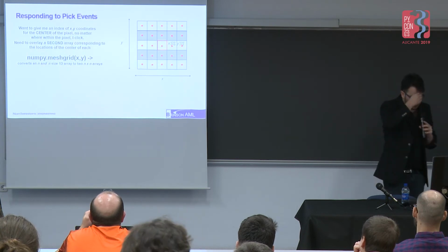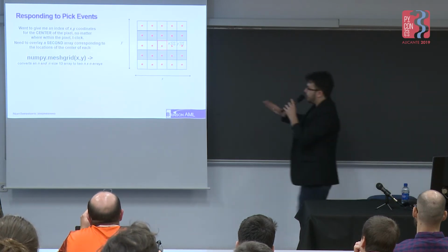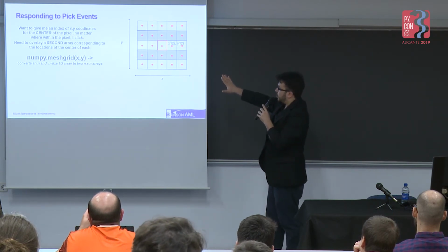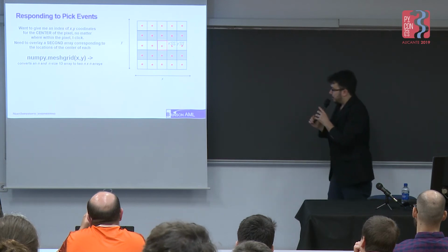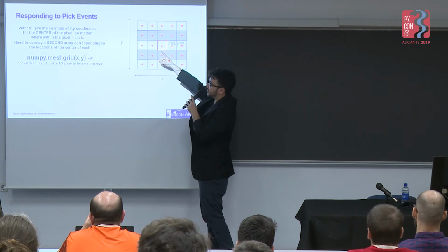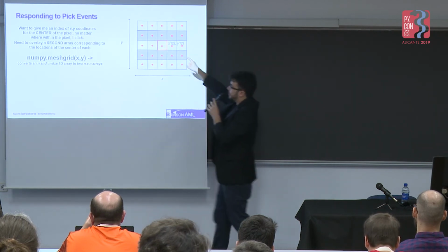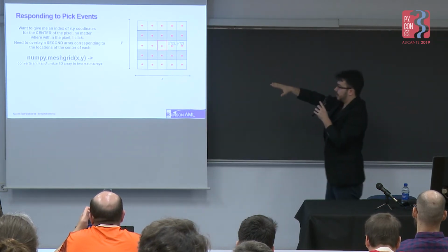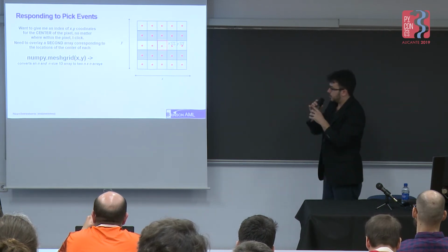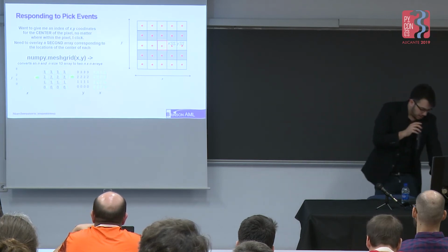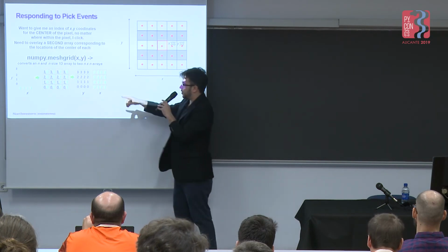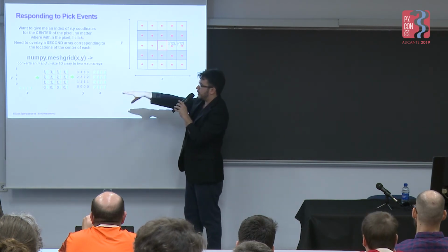But in order to get this pick event, I need to basically overlay another mesh over the pcolormesh that I have. And I do that because I want to be able to get the index for the XY coordinates of the center of the pixel, where I only inputted the vertices of the matrix. So I use this function called numpy.meshgrid. You have your X and Y points for each of the centers, the X and Y are 1D arrays.